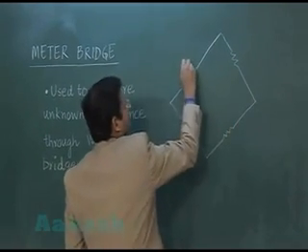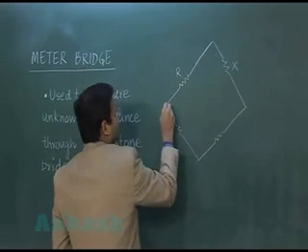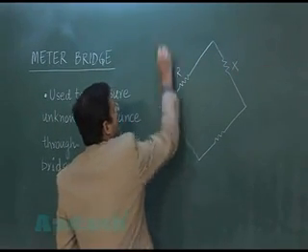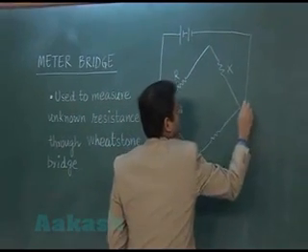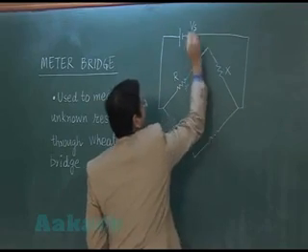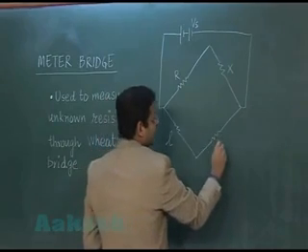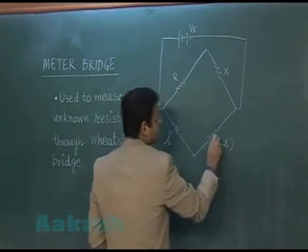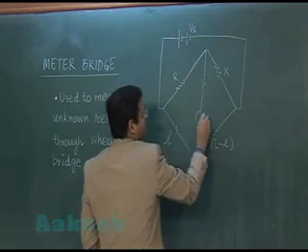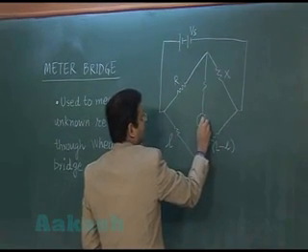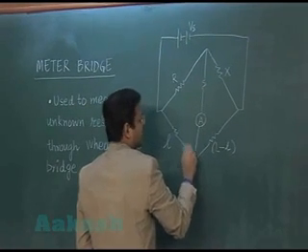Say this resistance value is R, this resistance value is X. Say you are having a supply voltage here, Vs. Let us suppose the resistance of this is l and the resistance of this is L minus l. And there is another resistance through this, and there is a connection here.